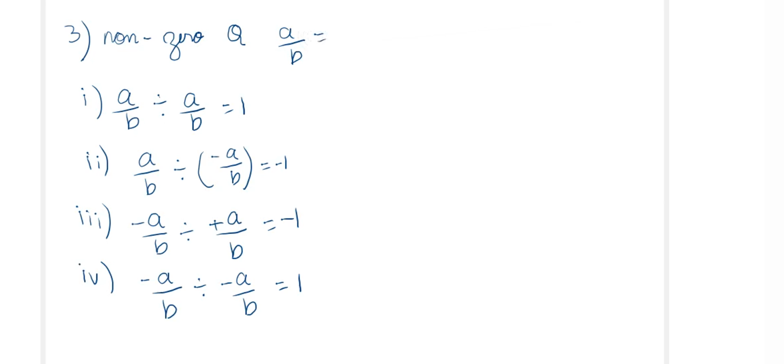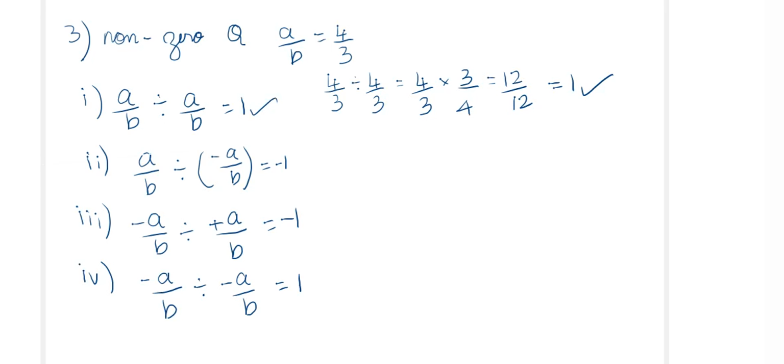So let our a by b be equal to 4 by 3. Now 4 by 3 divided by 4 by 3 is nothing but 4 by 3 into 3 by 4. So that's 12 by 12, which is equal to 1. So we are getting the same answer, right?